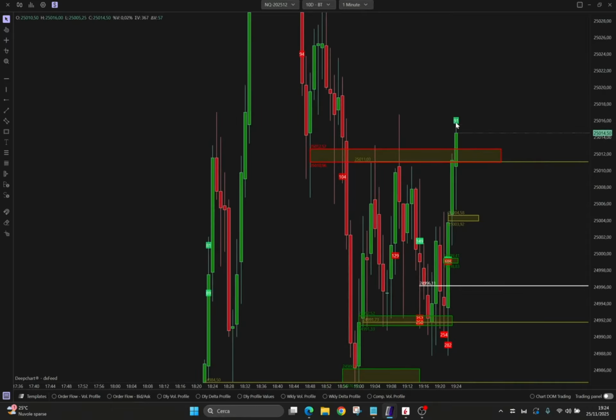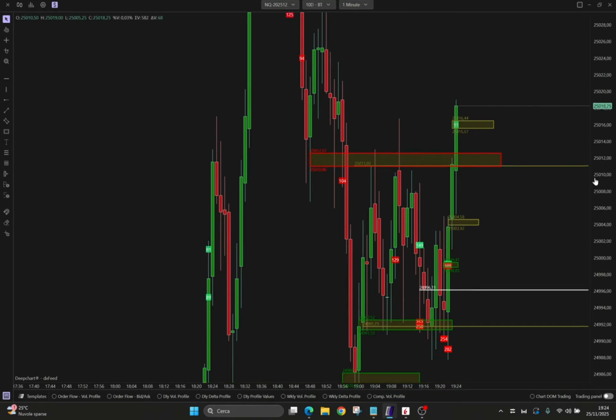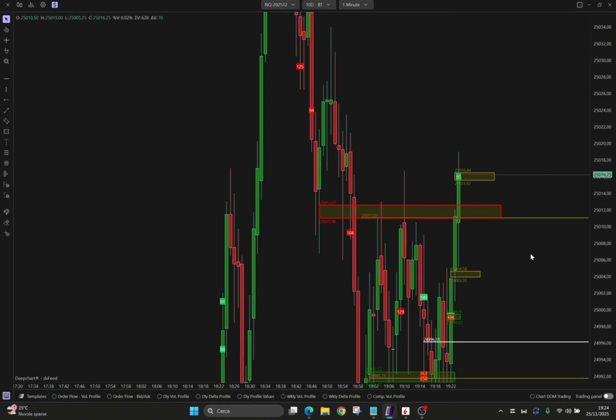As you can see, auction higher, they are willing to buy at higher prices, okay? So if buyers are willing to buy at higher prices, the momentum is clear now, okay? They are auctioning higher.